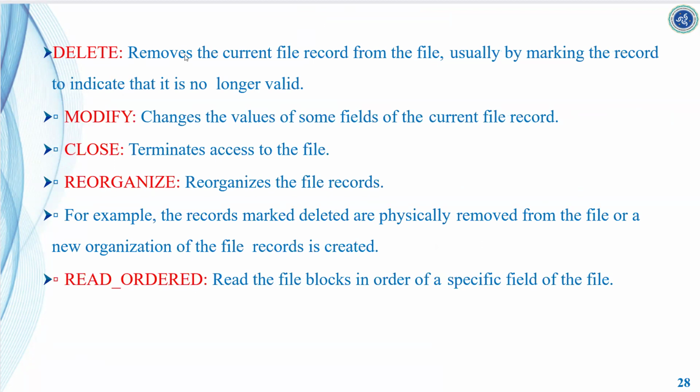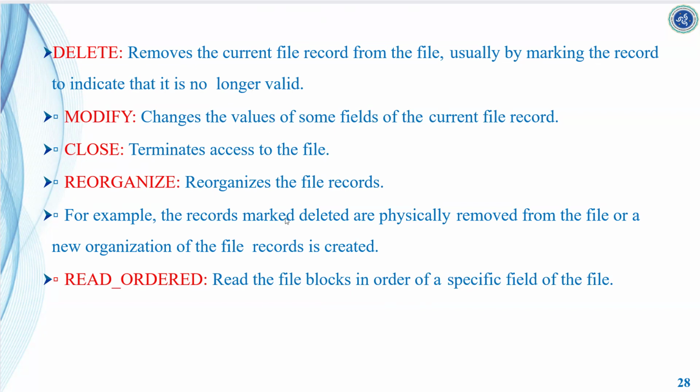Next is delete. It removes the current file record from the file, usually by marking the record to indicate that it no longer exists or is not valid. Next is modify, which changes some field values of the current record. Close terminates access to the file.